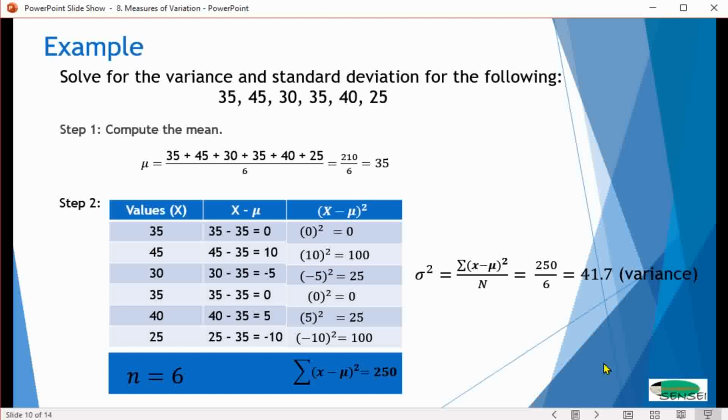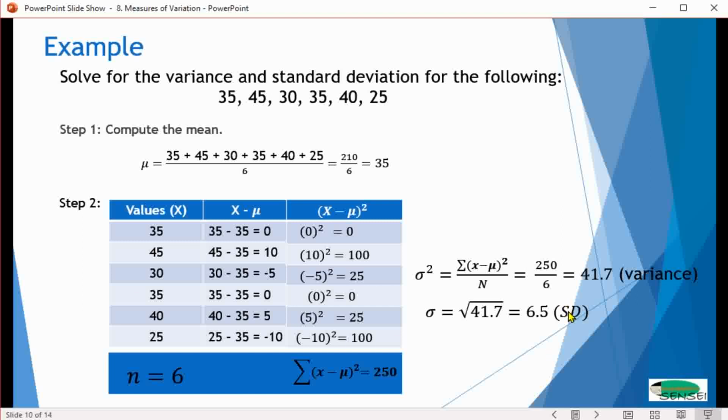Now, if you're asked for the standard deviation, for the sake of example, I'm just using 41.7 here, but it would have been nicer if I could use more decimal places in the values here, because just like in mean, we would also like to insist on using more decimal values if it's not yet the final answer.